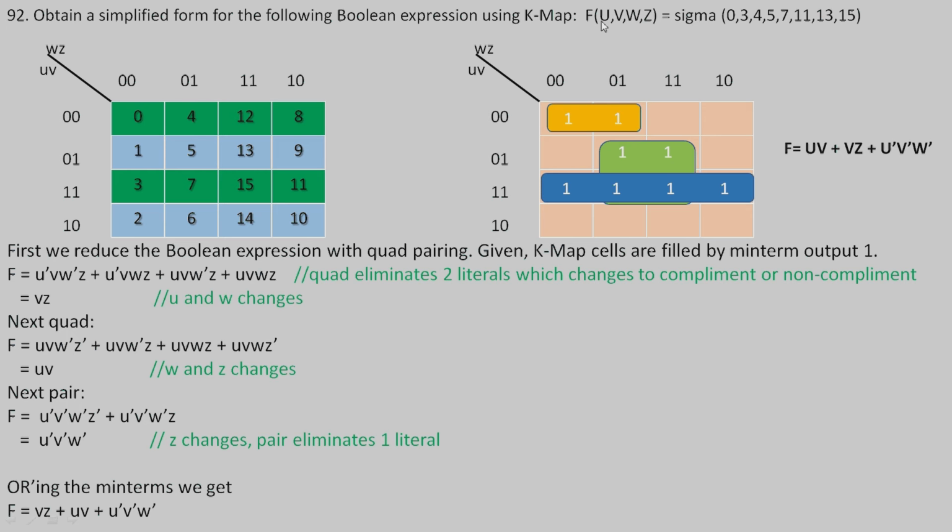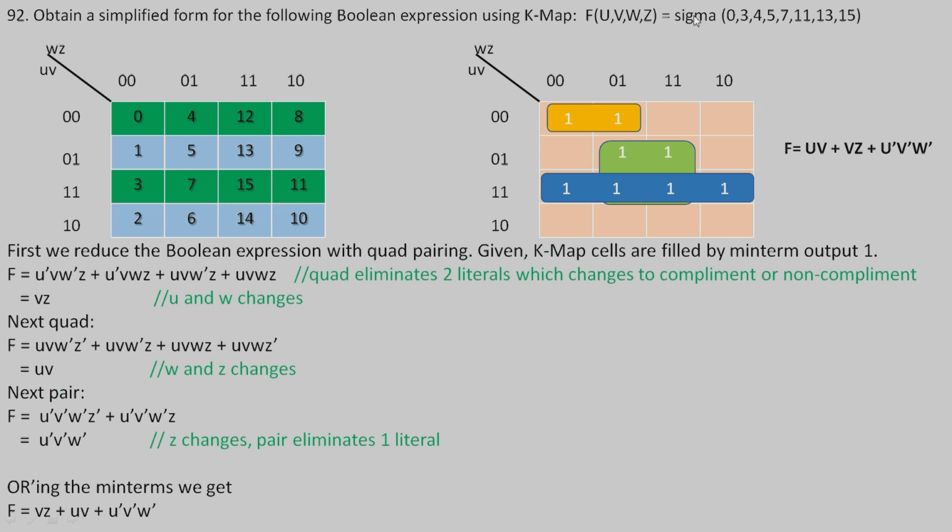Since there are four variables, the K-map will be a four variable K-map. As you can see, this is a four variable K-map, and the function equals sigma. These are the minterm designations, so based on this decimal designation we have to put the minterm values in the K-map.